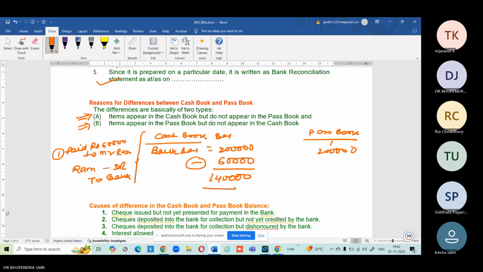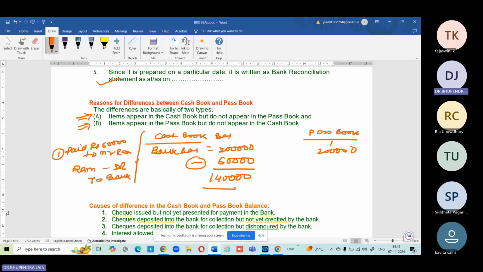But the check is not presented in the bank. You have handed over that check to Mr. Ram. But Ram deposits the check into the bank after 2 days, 3 days, 4 days.